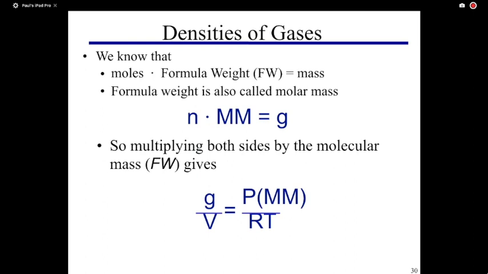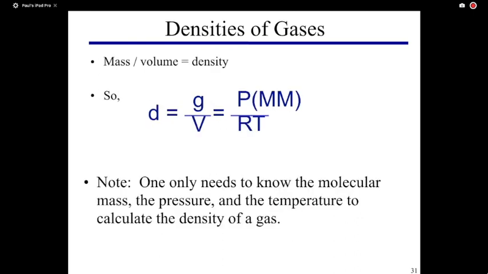So if I have pressure and temperature and I know the molar mass, then I can calculate the density. And so I can rewrite this and say the density is equal to the pressure times the molar mass divided by R and T.